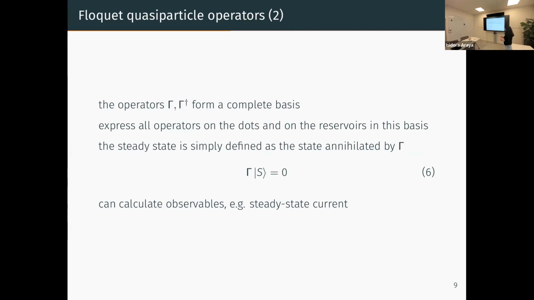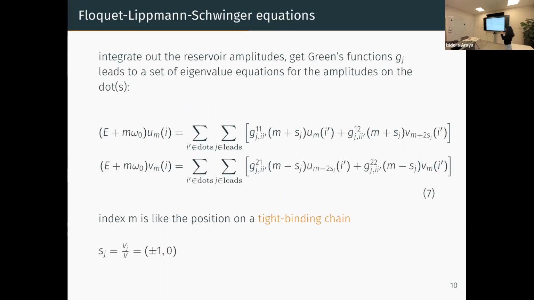Anyway, what you end up with is some eigenvalue equations for the amplitudes on the dots.